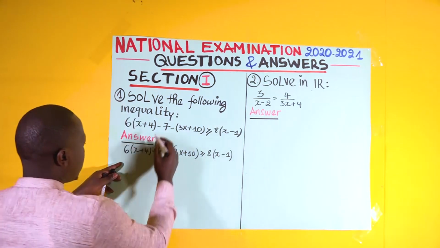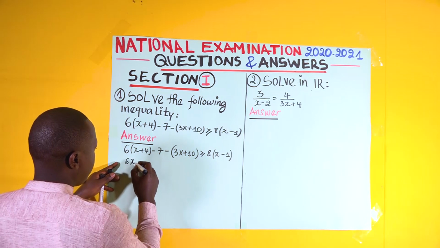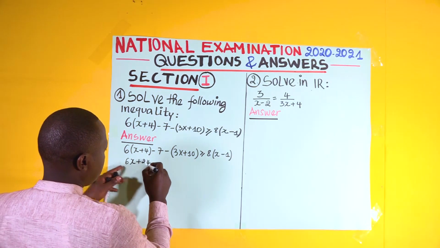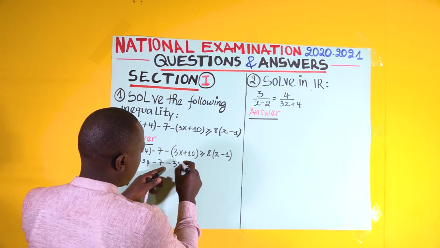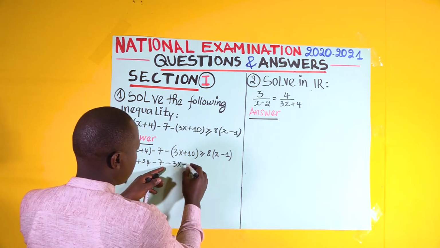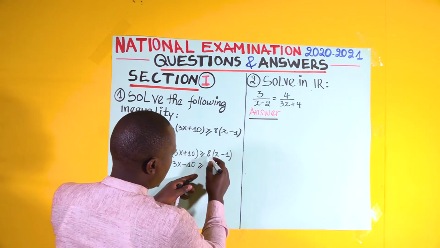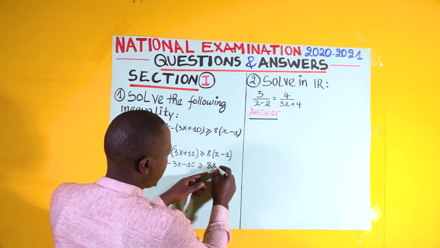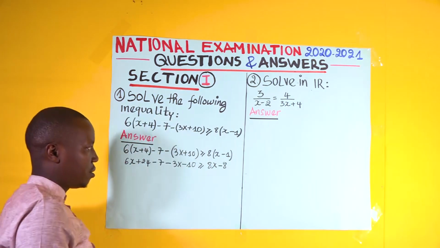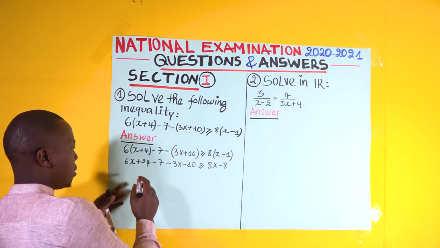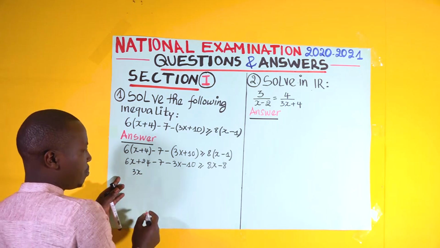Yeah, so let us expand this until it gives us 6x plus 24 minus 7 plus 3x, negative and negative gives positive, plus 10 is greater than 8x minus 8, isn't it? So let us take 6x plus 3x, which gives us 9x, right?